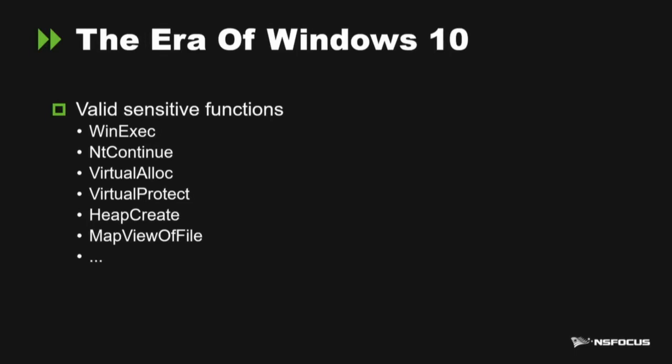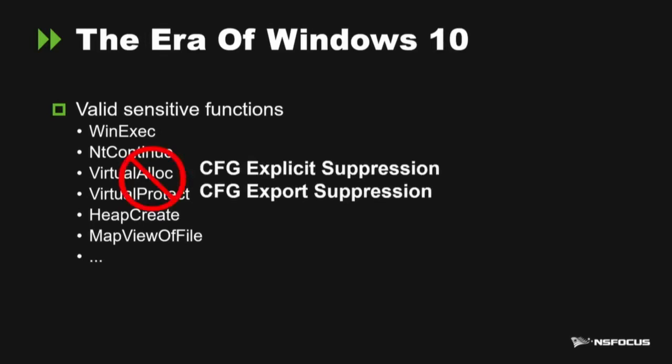But there is a generic mitigation. That is to use CFG export suppression, which will explicitly suppress those sensitive functions. And CFG export suppression will make all exported functions not valid targets.